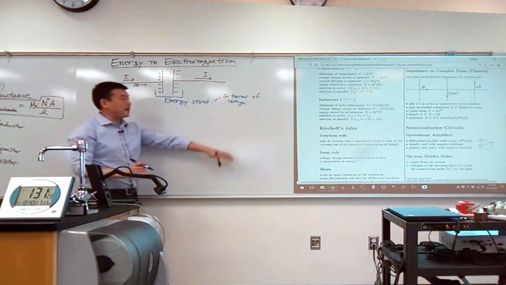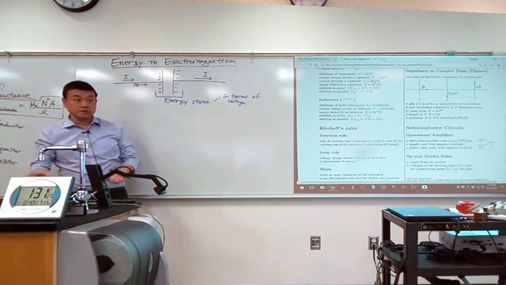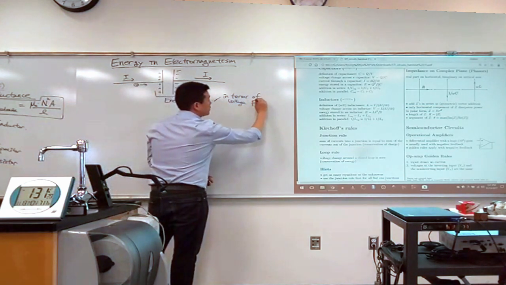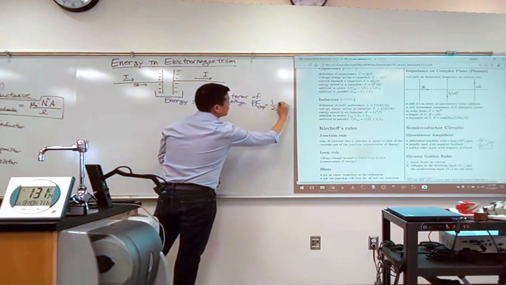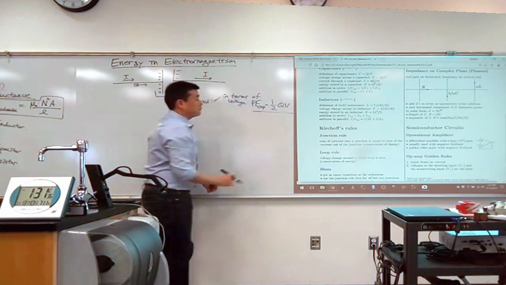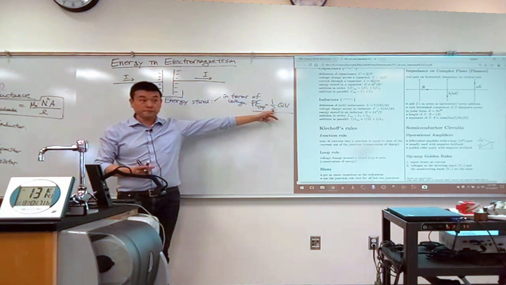And we took some time deriving this formula for energy stored on the capacitor in terms of voltage. The potential energy stored on the capacitor was 1/2 QV. And you can go back to your notes, figure out where this factor of 1/2 comes from.